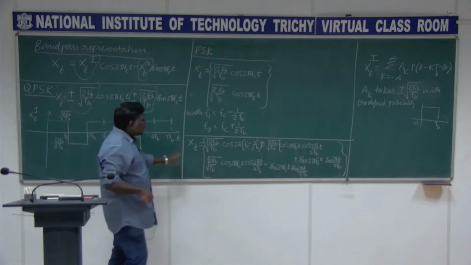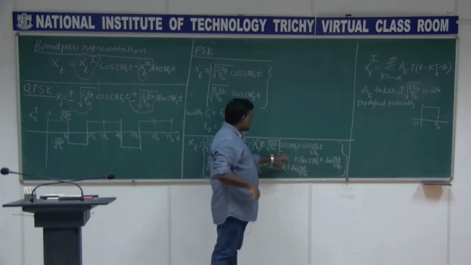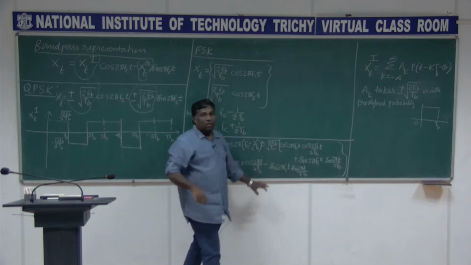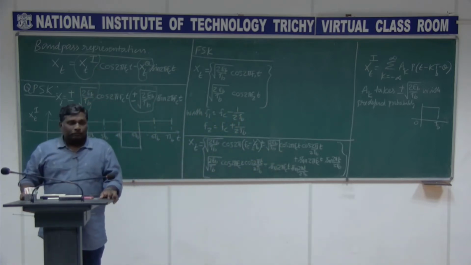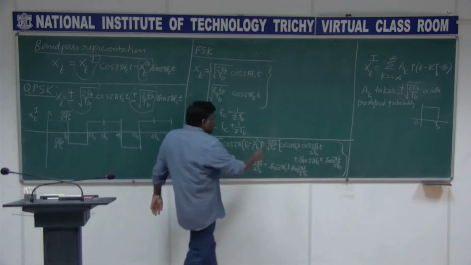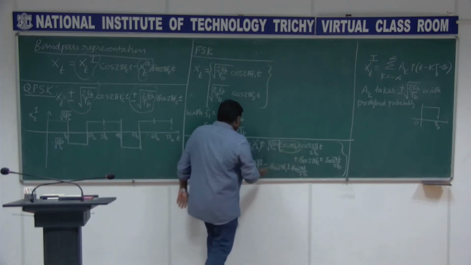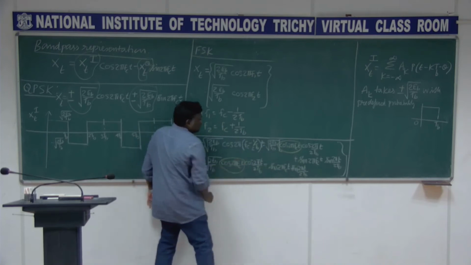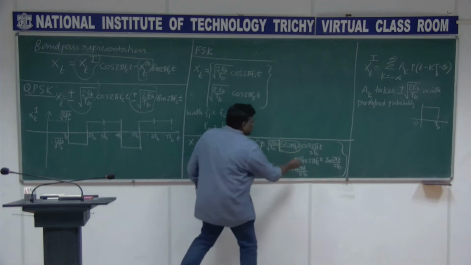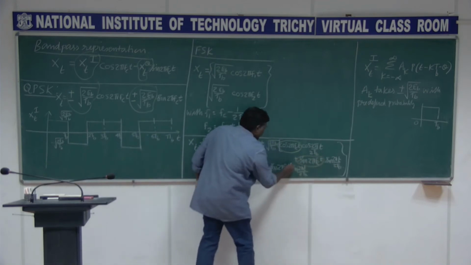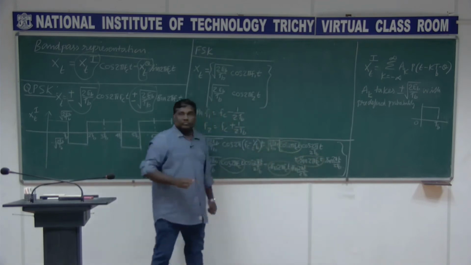And if you expand this expression, you are getting this. And I am now comparing to this the band pass representation. You see that we have this cos 2 pi FCT here and cos 2 pi FCT there, and then you have this sin 2 pi FCT, sin 2 pi FCT is there, right?